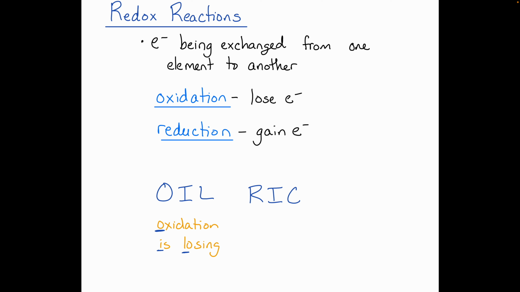And then reduction is gaining. So we just use this, OIL RIG, not oil rick. This is how we keep these two processes separate in our minds, making sure we keep track of what's what, oxidation being the losing of electrons, reduction being the gaining of electrons.